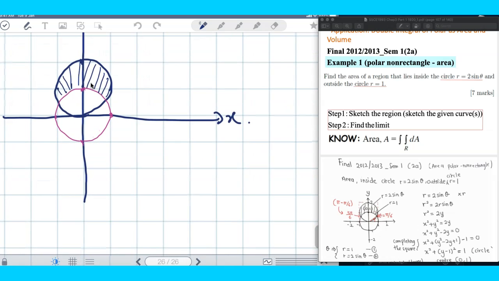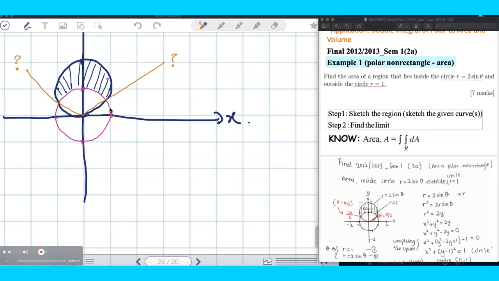Okay, so you need to determine the limit of theta. So you have to know the line of this. How can we get this line when theta is constant?